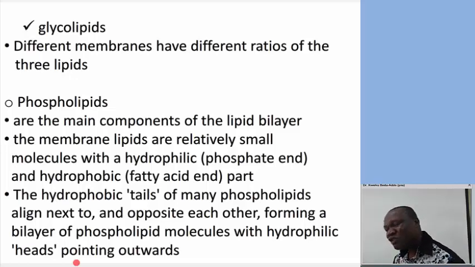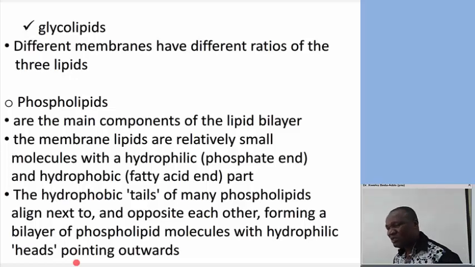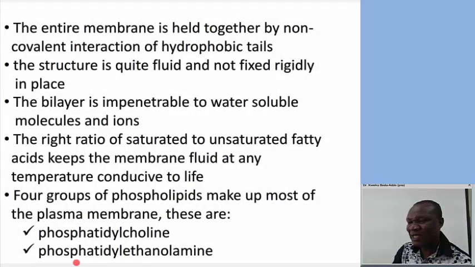First, we'll look at the phospholipids. There are four major phospholipids present in the cell membrane. We have phosphatidyl serine, phosphatidyl choline, phosphatidyl ethanolamine, and sphingomyelin.